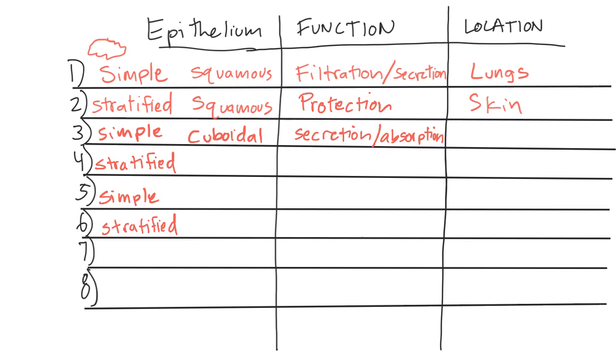It wouldn't be able to produce enough. So it's for secretion and absorption. An example of that is in the kidney cells. The kidneys are secreting and absorbing a lot of substances as filtrate passes through to try and get the balance of ions, what you're going to get rid of and what you're going to keep.